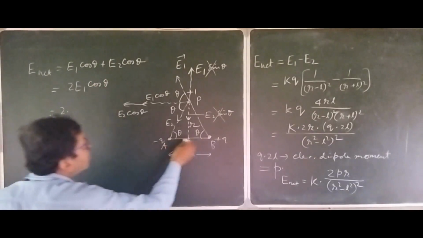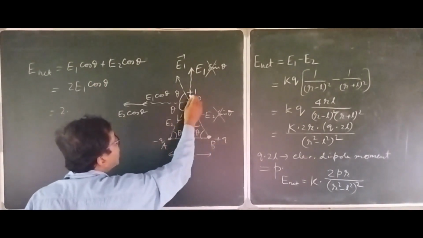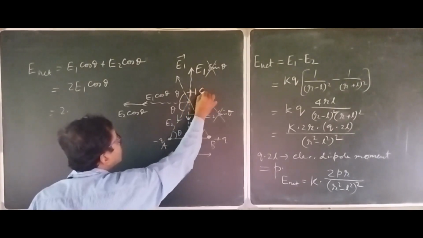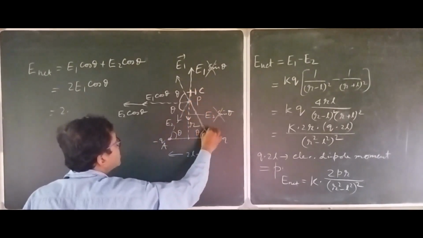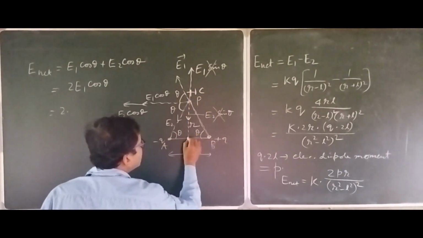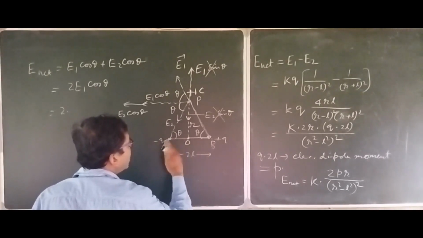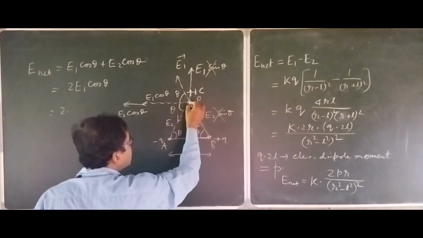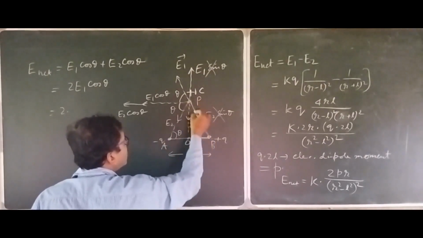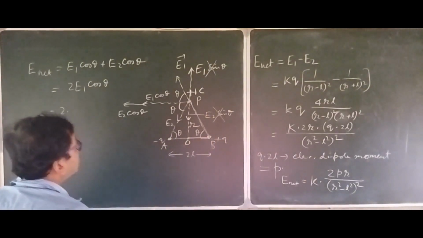Now what is E1? This is the charge plus Q, this is the charge plus 1 coulomb, and this is the distance between the two. Now 2L, so this is L, this is the midpoint O of the dipole, this is L, this is R, so this is root over R square plus L square.